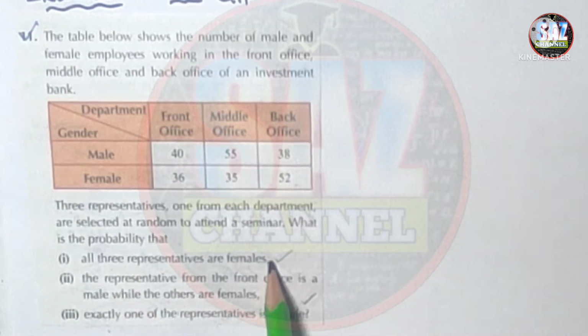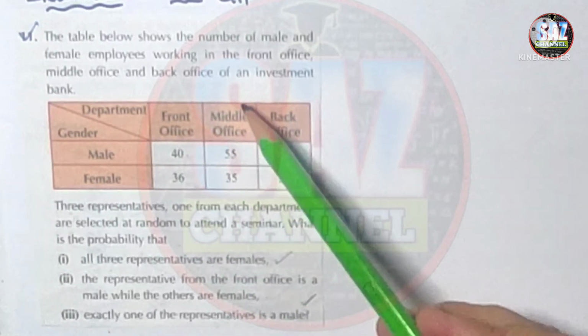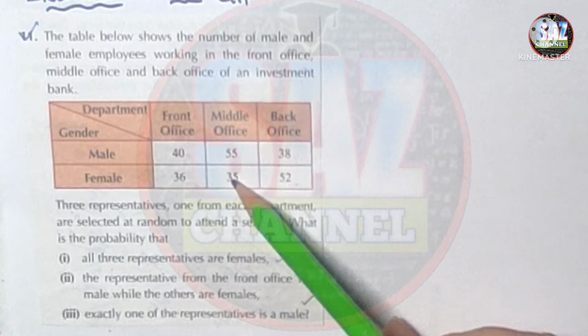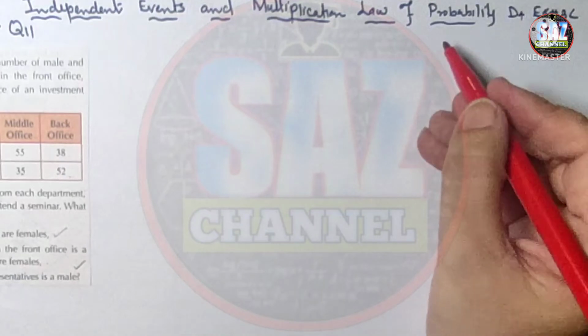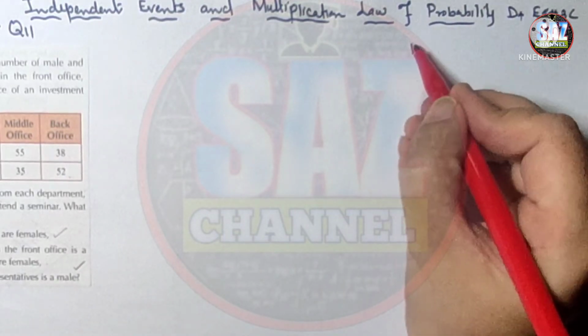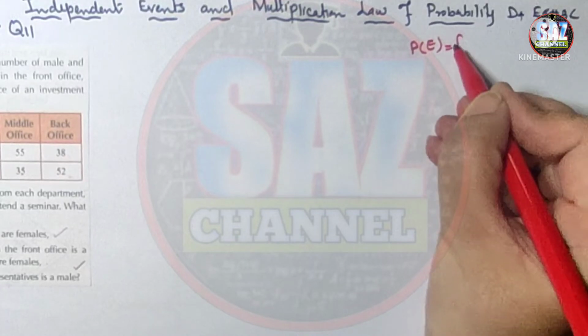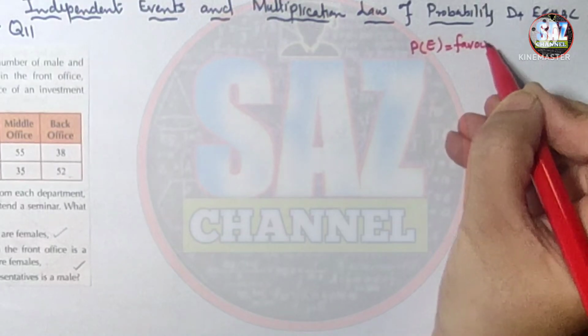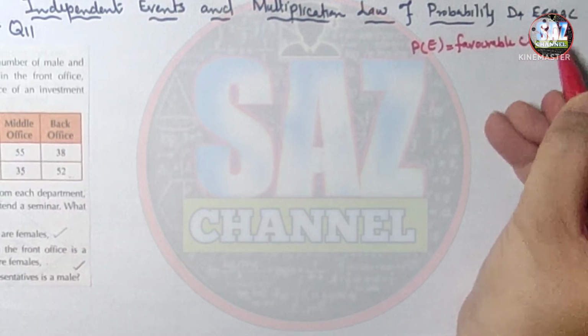It means the females from the front office, females from the middle office and females from the back office. The formula for probability is: probability of any event equals favorable chances upon total chances.